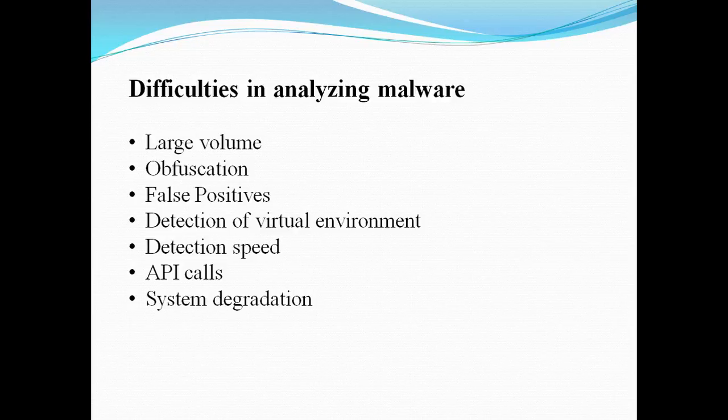So it becomes confusing as to which API calls were called by malware files and which were used by benign files. System degradation: most of the anti-malwares which are installed on a system in one way or another slow down the system. They affect the performance of the system to a large extent.